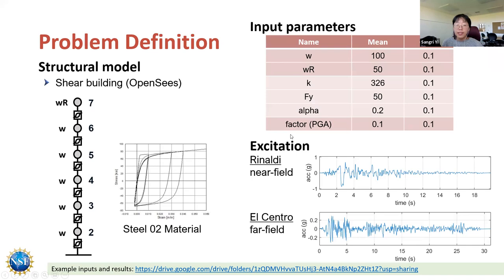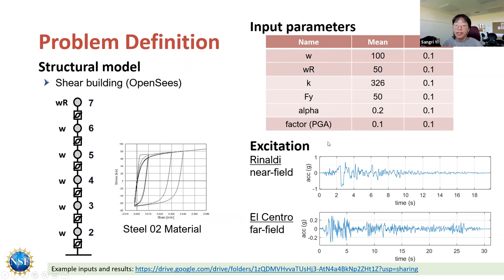And we are interested in 6 random variables. W is the weight of each floor, WR is the roof weight, and K, Fy, and alpha characterize the nonlinearity of our material model. And there is one more parameter that describes the scaling of ground motions.